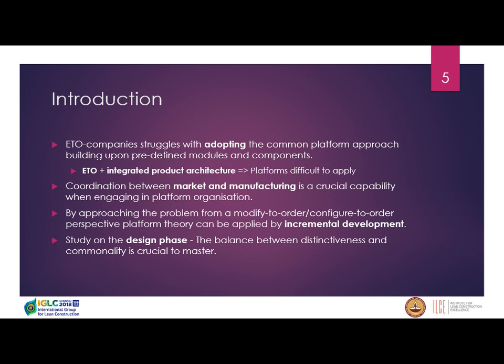The coordination between the market and manufacturing is crucial to master, because if the sales department is not aligned with the rest of the construction contractor, they might sell products or components that are not possible to manufacture in an efficient way, and then we will lose money, of course.